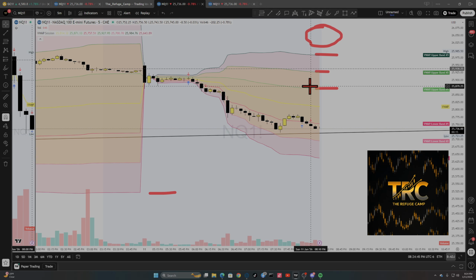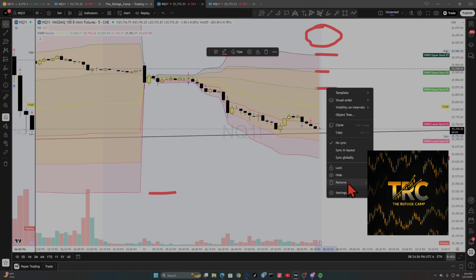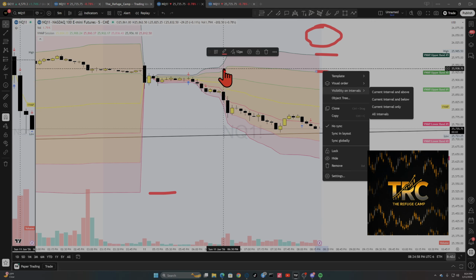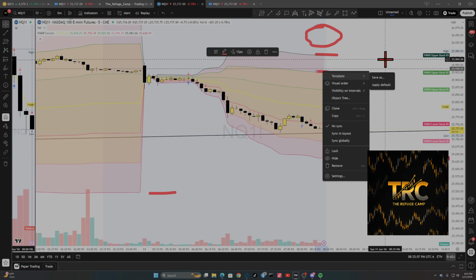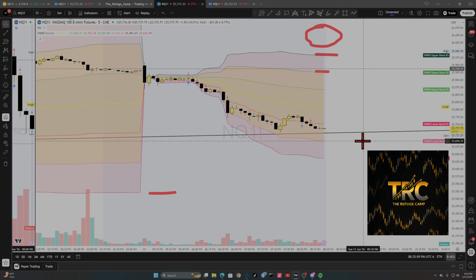Okay, but I know my target's going to be in here because anywhere above that is highly unlikely. Make sense? Same thing below, right? Price breaks below. I wait for the retest and I take it short to either that first or second band, because anything else is going to be highly unlikely.